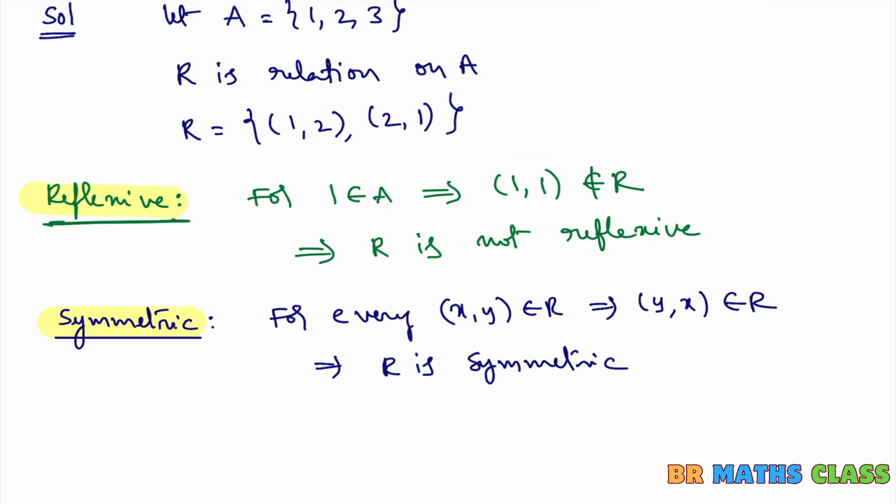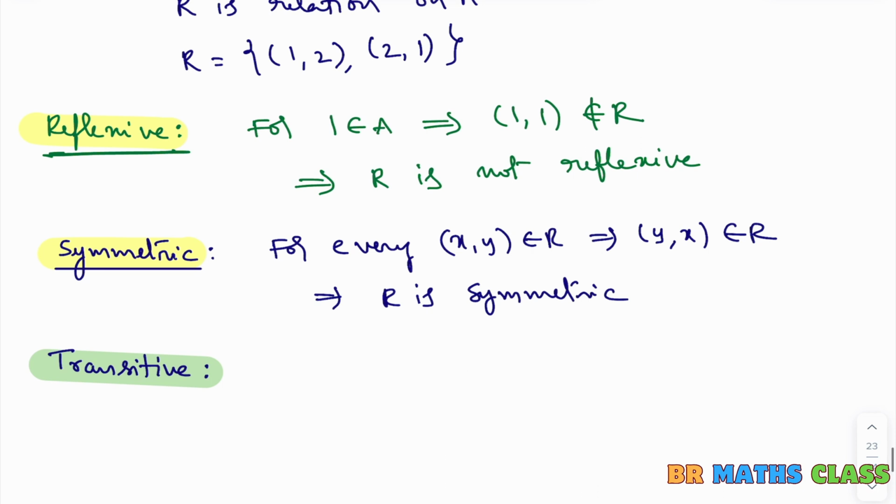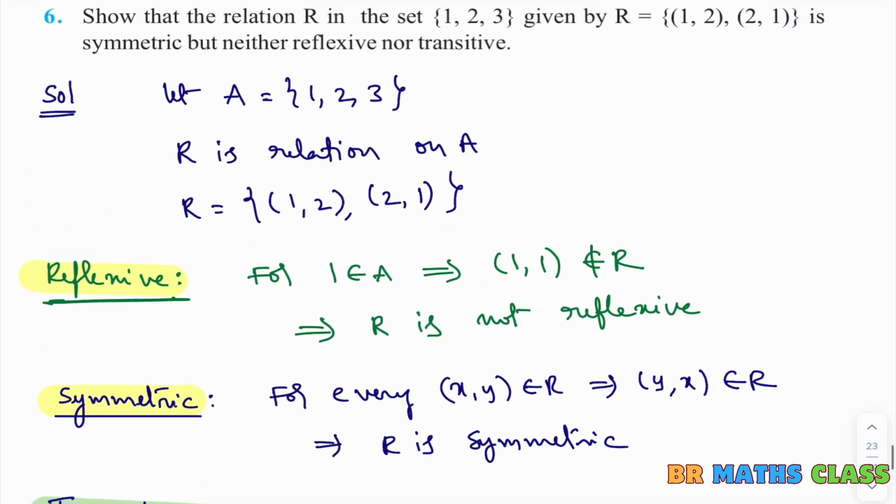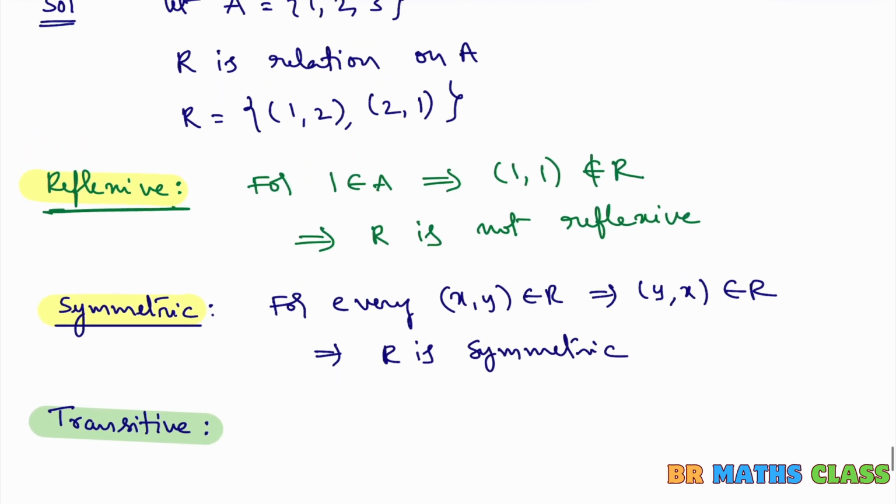Okay. Now we'll check the transitive condition. For the transitive condition, they are asking us to show that this is not transitive. Not transitive means you try to find (x, y), (y, z) in the relation such that (x, z) does not belong to the relation. You look here, this ends with 2, this starts with 2, right? So there is a pair like (x, y), (y, z).